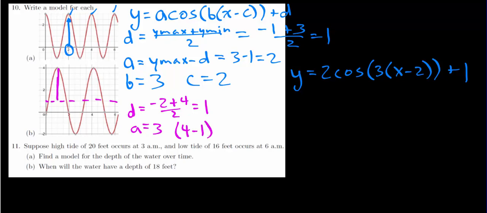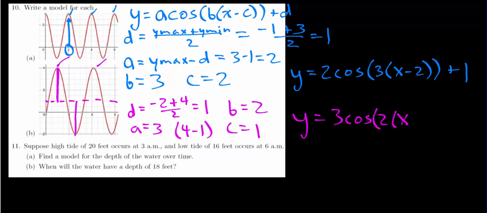From here to the top is 3, and from here to the bottom is 3 as well. So we have A equals 3. B is equal to 2 because I'm counting 2 of these high points. And then C is where the max occurs, which looks like it's at 1. So y equals 3 cosine of 2 times (x minus 1) plus 1. There it goes.